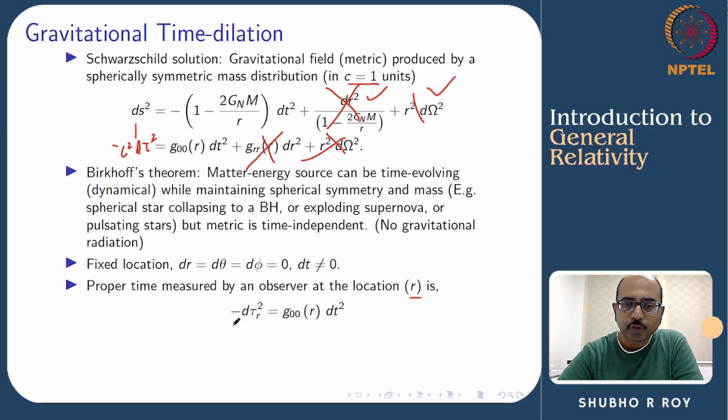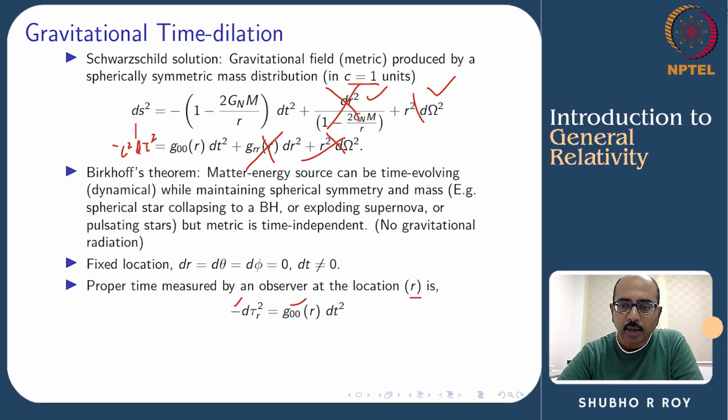So we have minus dτ squared equals g00 times dt squared. Remember, g00 is a negative quantity because t is the time-like direction. So both sides are negative, so this equation is fine. It's not that I'm equating a negative quantity to a positive quantity, because this time we have a minus 1 here, and the factor of g00 on the right side is negative.